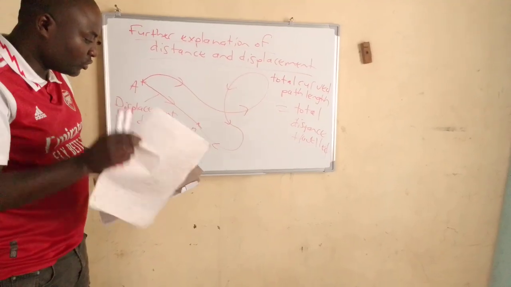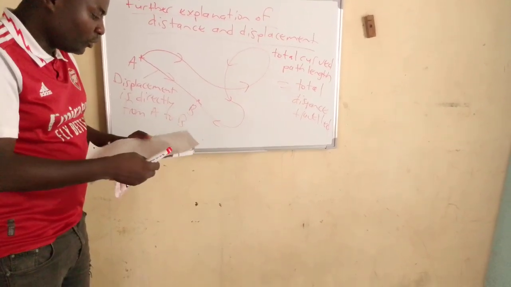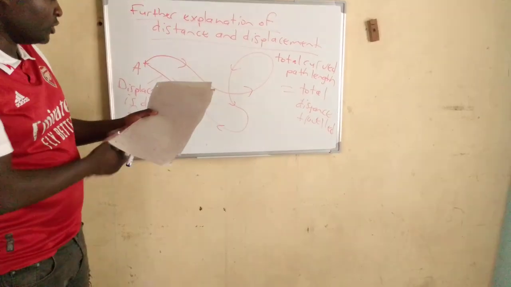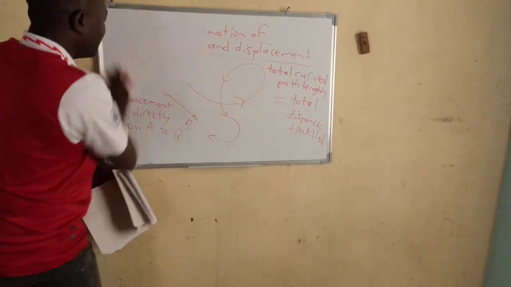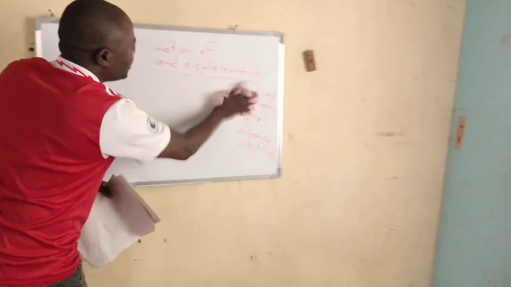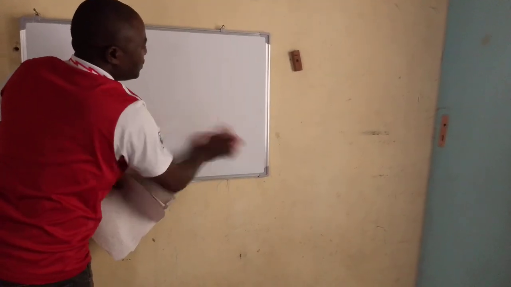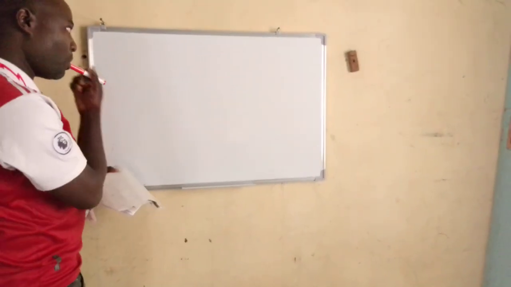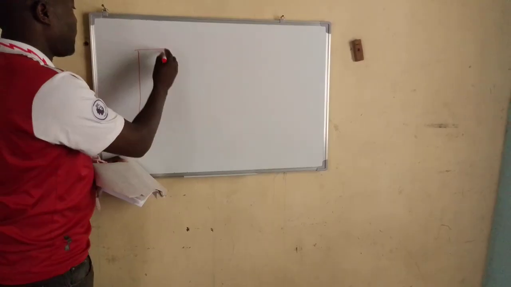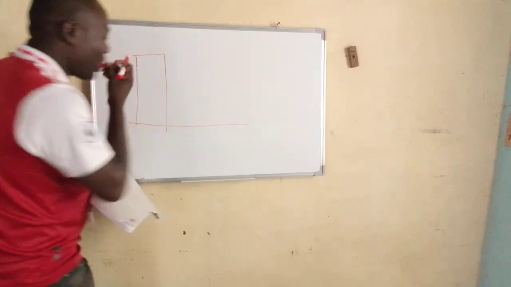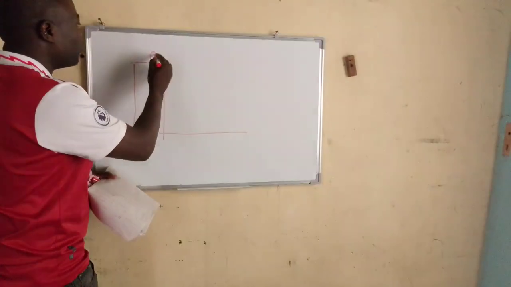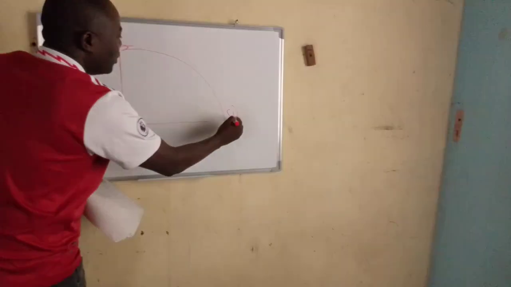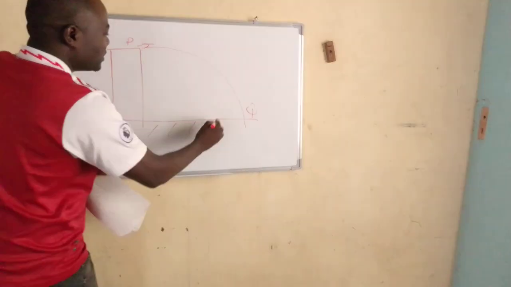So I'm moving on to another example on distance and displacement. For instance, let's consider the following. Suppose an object is projected horizontally from point P, so it follows this path to point Q on the ground. This is the ground.